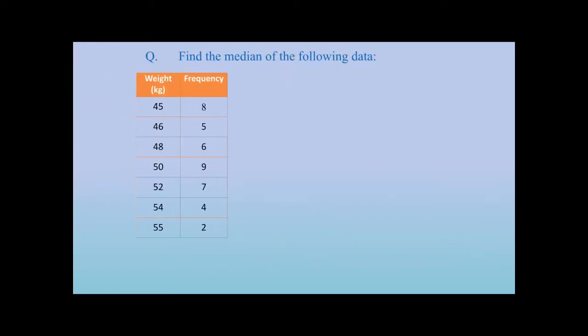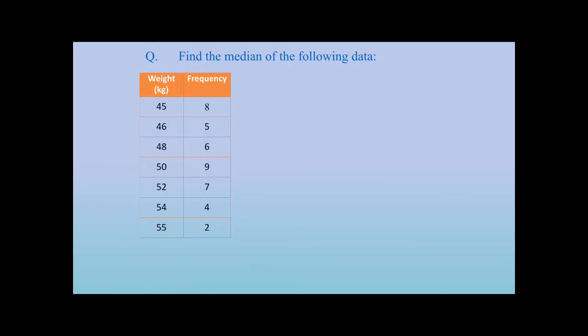Now sometimes the question or the data is given as a frequency distribution. The data represented in the table indicates that the number 45, or the weight 45 kg, is appearing 8 times in the entire data.